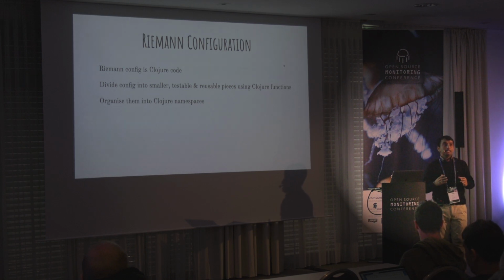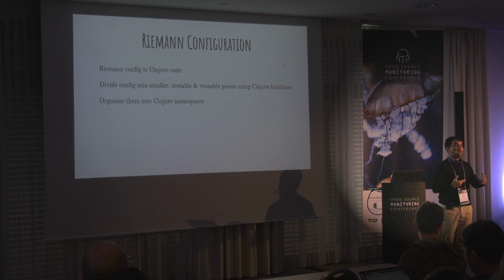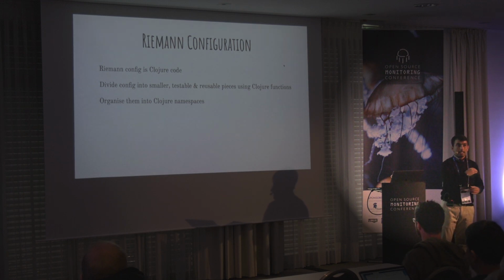You can build libraries which you can give to the rest of your engineering teams. So they don't need to know how to implement something. They can just call your function, and let's say they want to know when a service goes down.